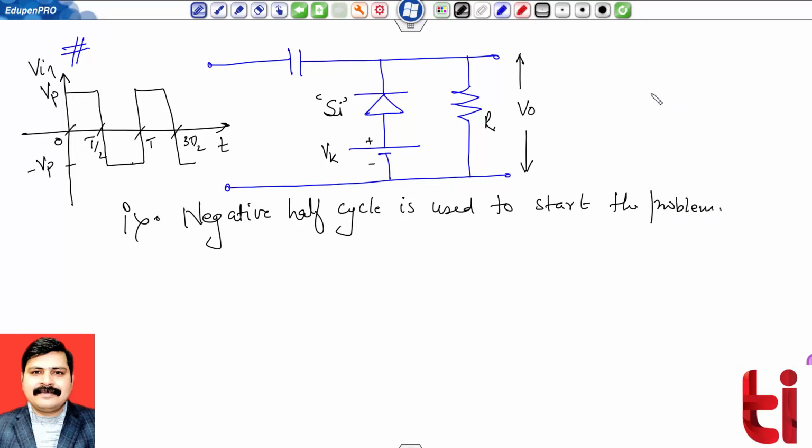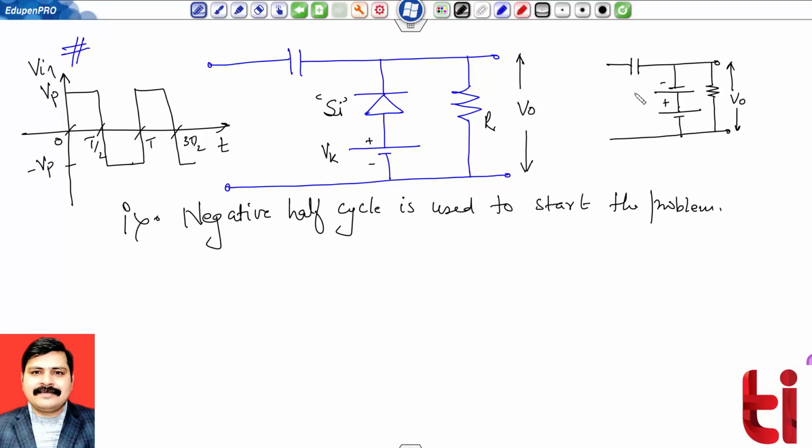And let me draw the equivalent circuit for that negative half cycle. So my diode will be on, as it is a practical diode, so it will be replaced by a battery of value 0.7 volt. The output voltage, even that resistance is also there.